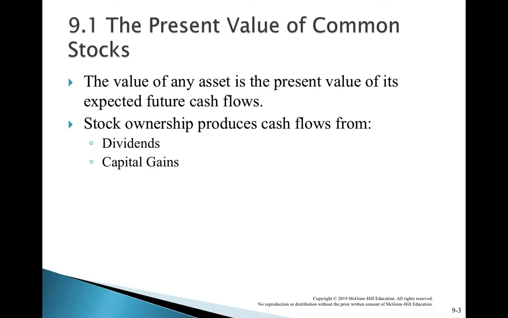So if we want to see the present value of expected future cash flows, the immediate thing that comes to our mind for a stock is dividends. Not only dividends, if you have a stock, the difference between your selling price and buying price is the capital gain. These are the two things which you always take into account while making a valuation of stock.